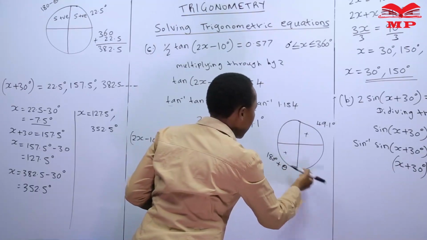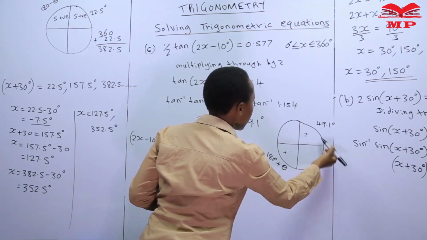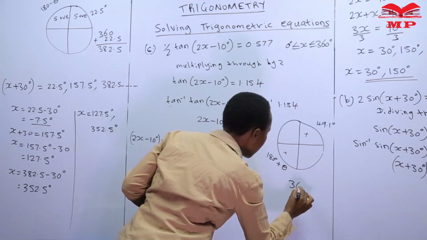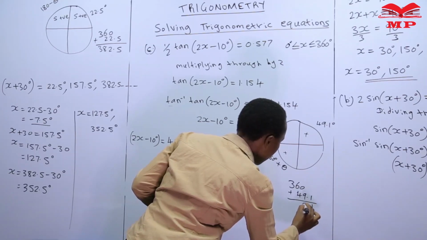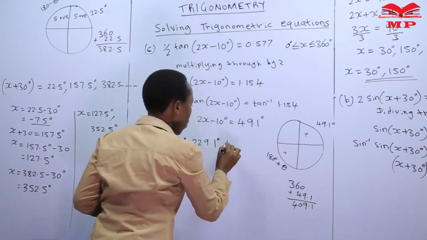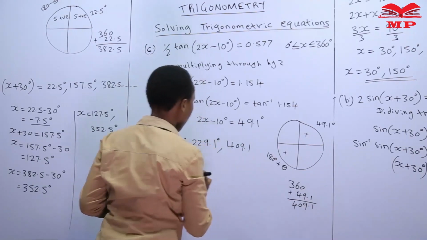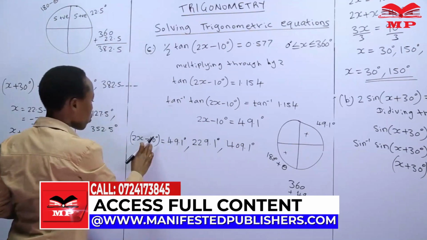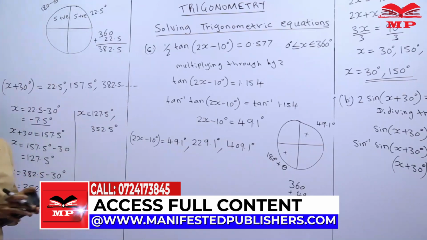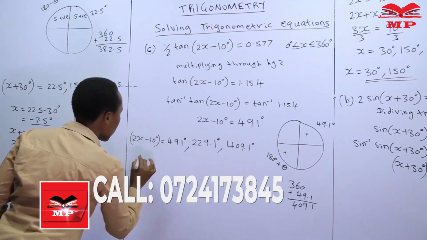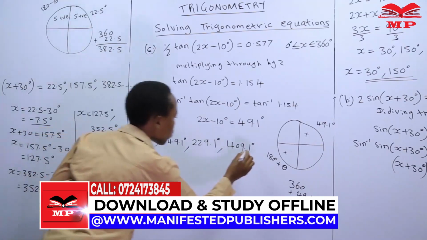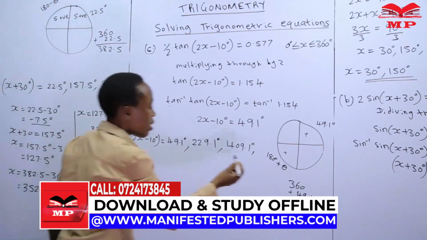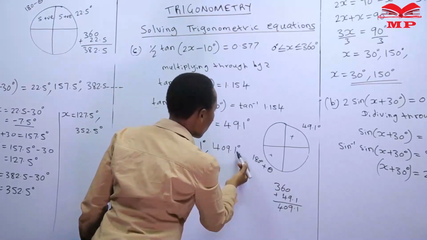After another round of 360 degrees, we have 360 plus 49.1, which is 409.1 degrees. If we continue it will be more than 360 degrees, but let's move on to the next one and see. We've gotten this as 409.1.